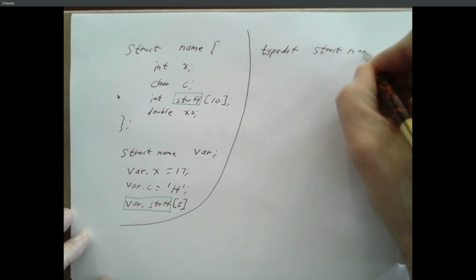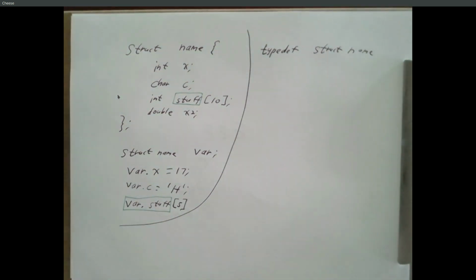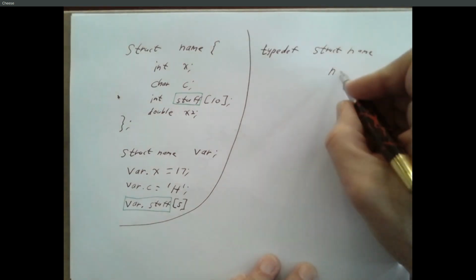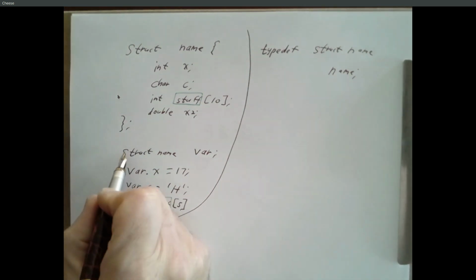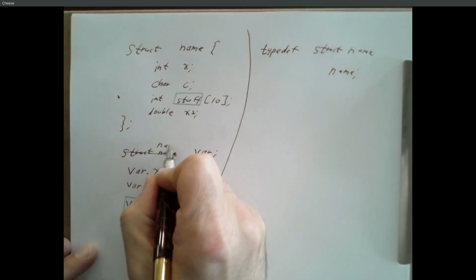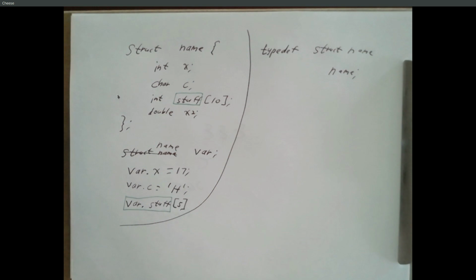So there's a struct name. And we can give it some shorter name that we like. So I don't know what we should call it. We could just call it name. And then instead of saying struct name, I can just say whatever my typedef was.